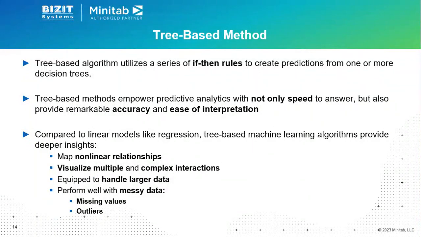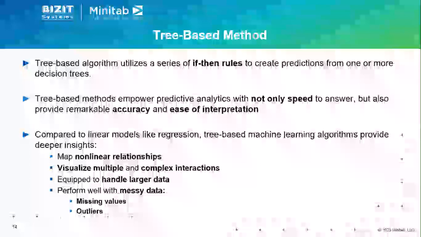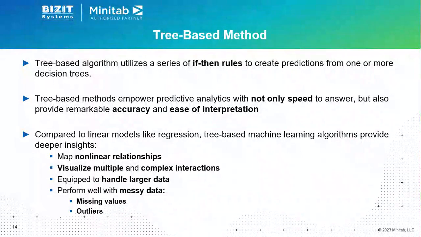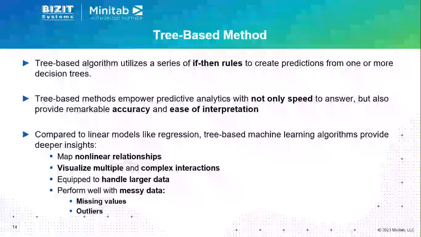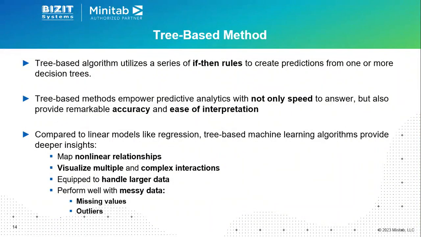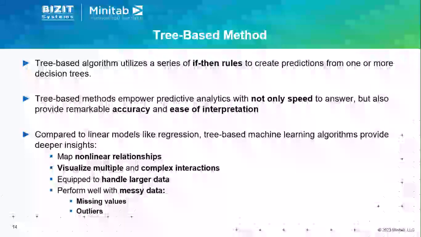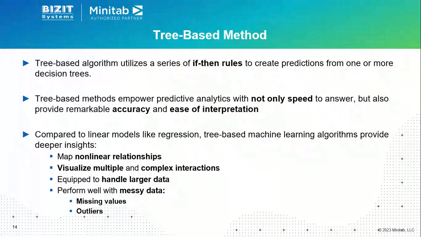The tree-based method is something like a series of if-then rules to create the prediction from one or more decision trees. Basically, tree-based is recommendable for accuracy and ease of interpretation. If we go for regression, you have an equation, but for tree-based, you have the tree, whether it's a single tree or multiple trees.